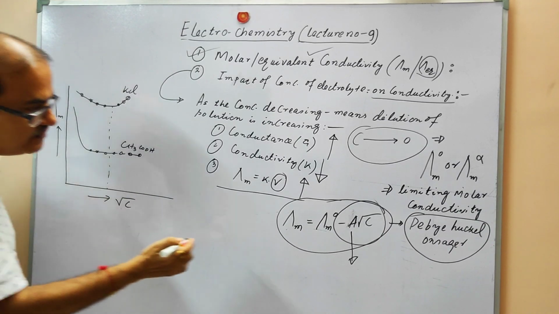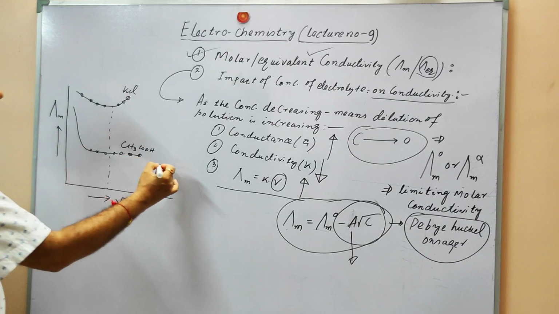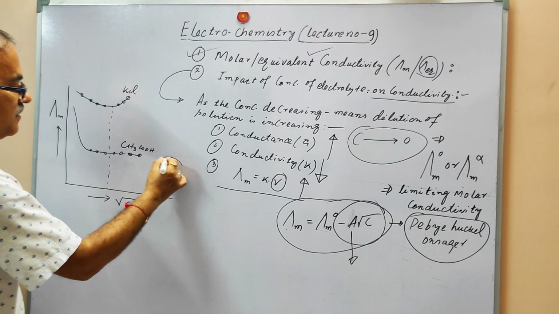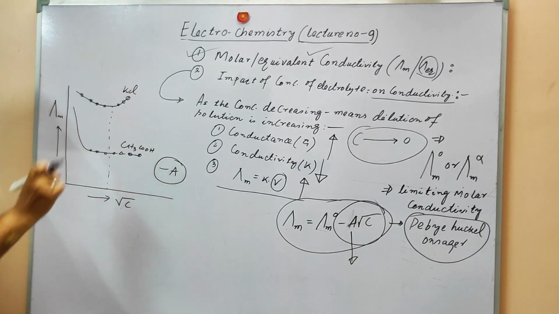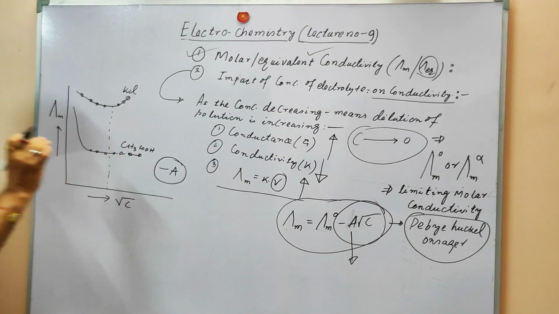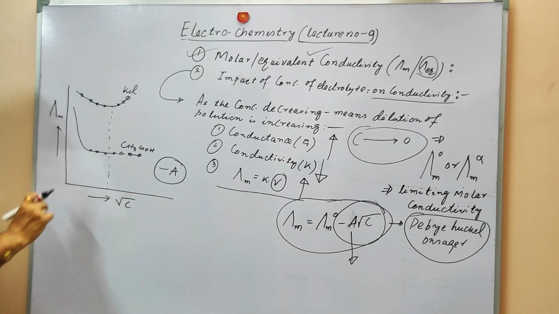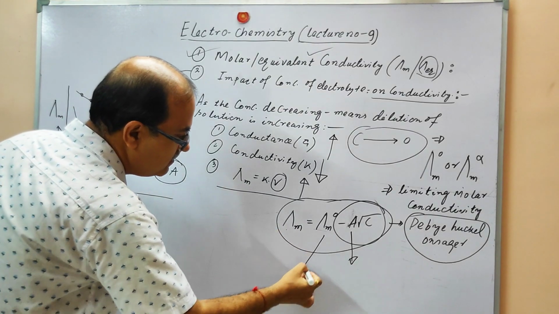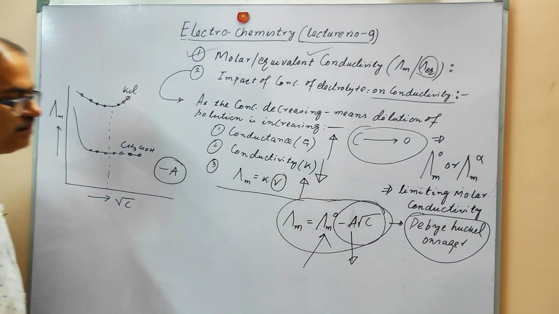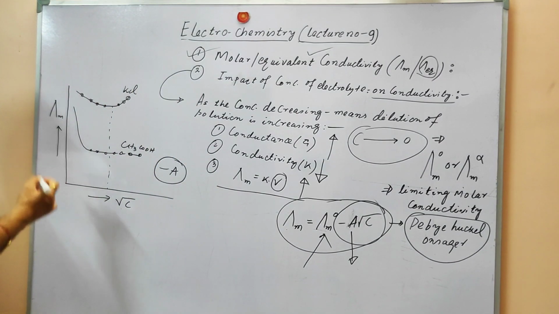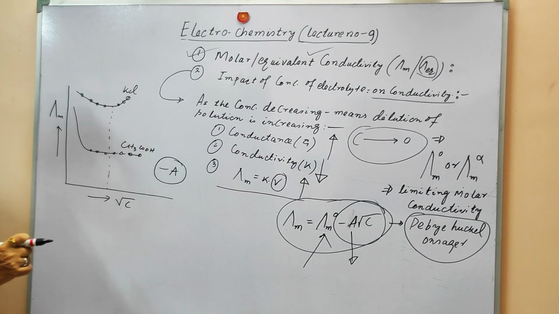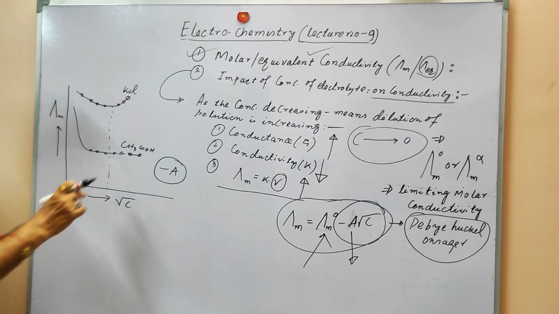The slope of this curve is minus A, and it will intersect the y-axis at lambda m0, which is the limiting molar conductivity.